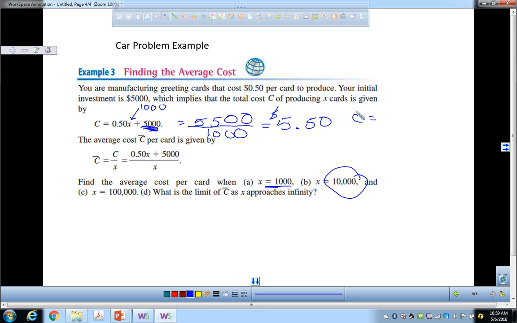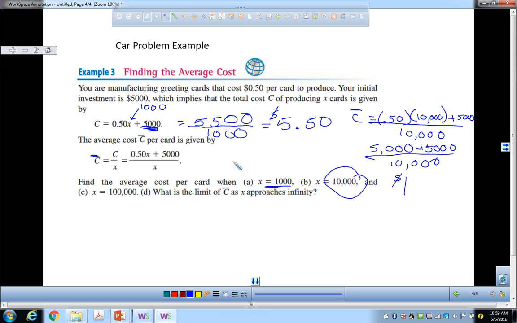Your average cost per card, that's what the C bar means, the mean or average, is going to be 0.5 times 10,000, but your initial setup costs remain the same, plus 5,000, over 10,000, which is $1. Just $1 per card if you produce 10,000.